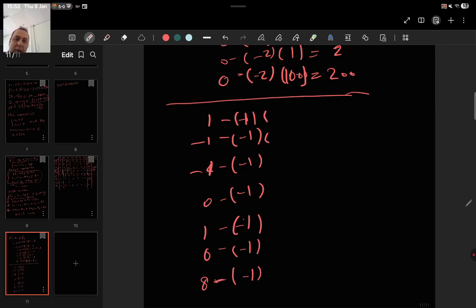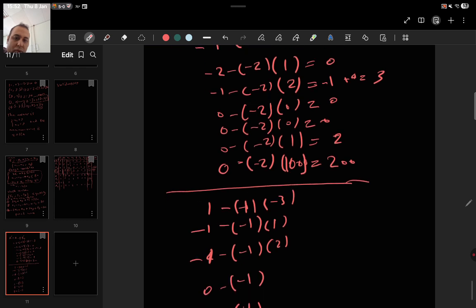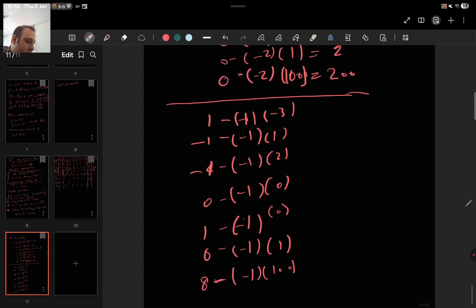So write down the new pivot row: minus 3, 1, 2, 0, 0, 1, 100. This is 180, not 80. This one is 0.